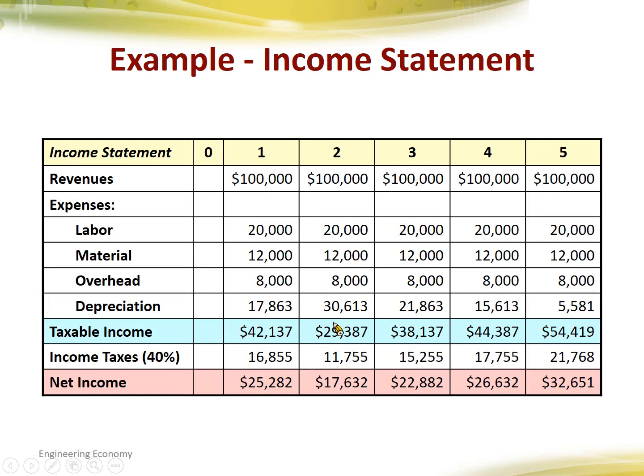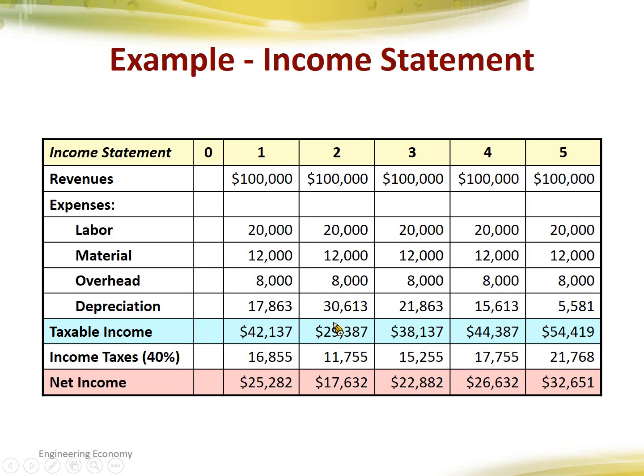Okay, but before that, we'll start from the income statement, as you have already seen. Right? We'll start from the income statement, then we add other cash flow into the income statement. In the simple part of the income statement, we just look at the operating activities. We have revenue every year. We have labor, material, overhead. We have depreciation.